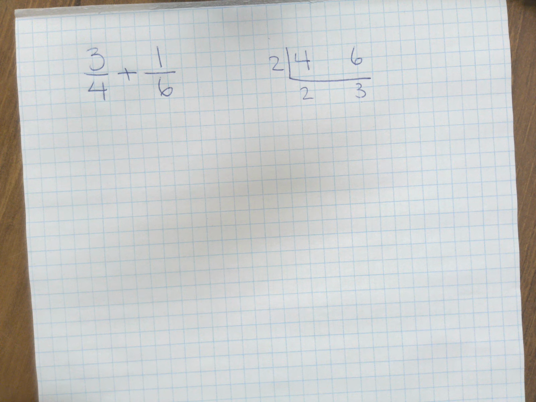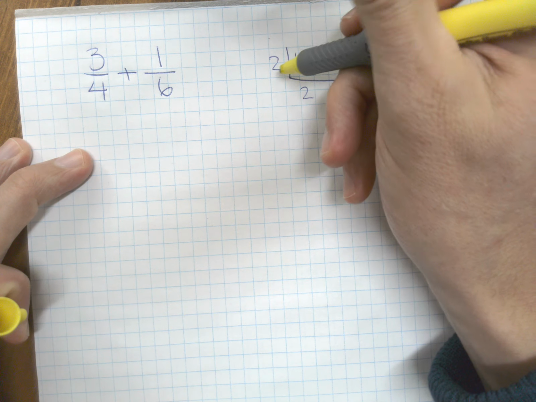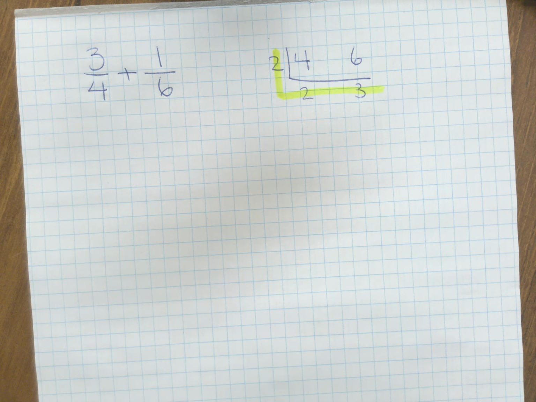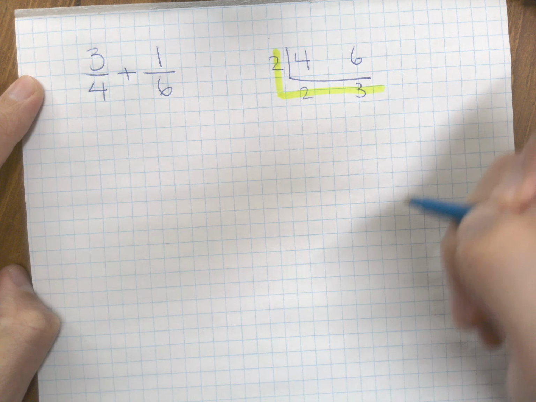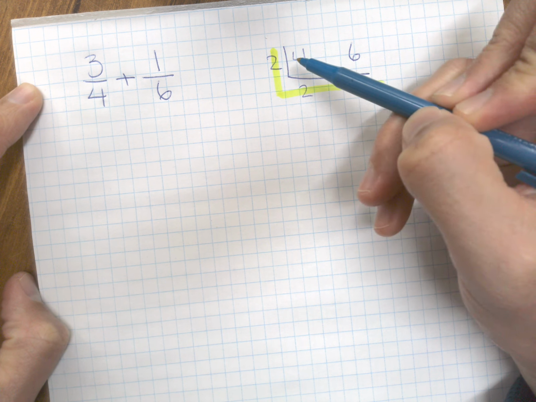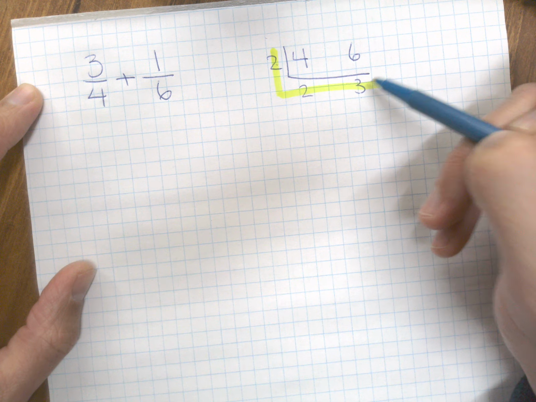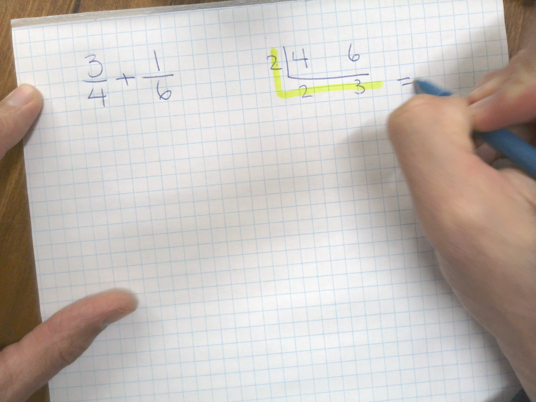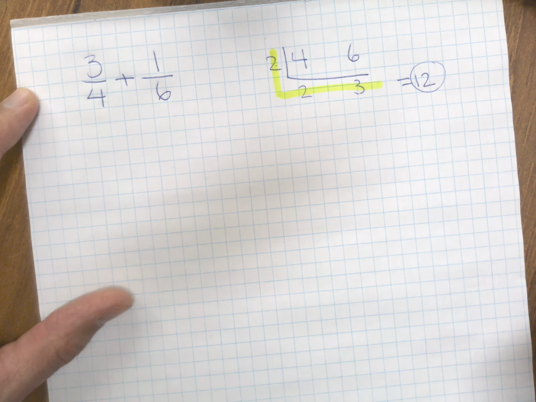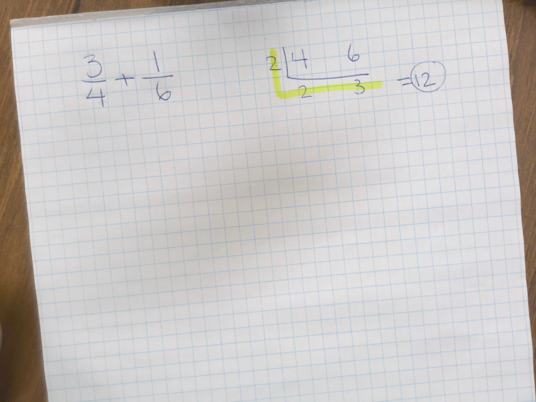And you'll see, once I've got down to my prime factors out here, it makes a little L, and that helps me find what we call the lowest common multiple. So if I actually multiply these three factors together, 2 times 2 times 3, I'm going to get 12. And 12 is actually the lowest common multiple that I can use between 4 and 6.